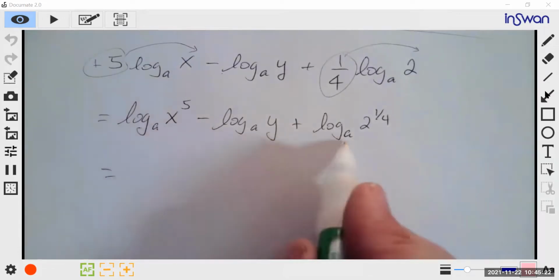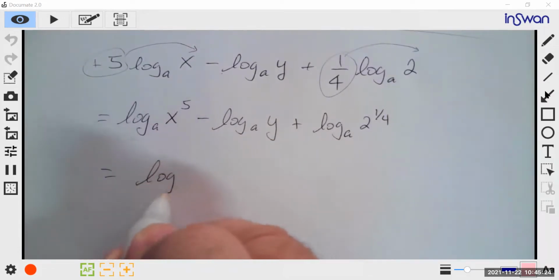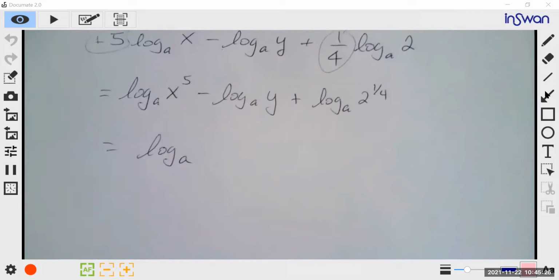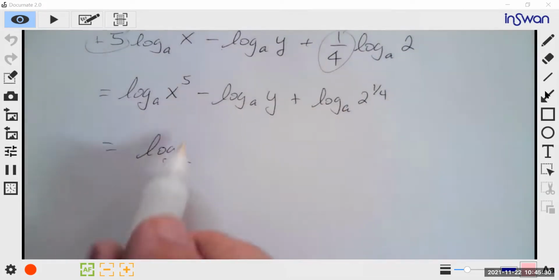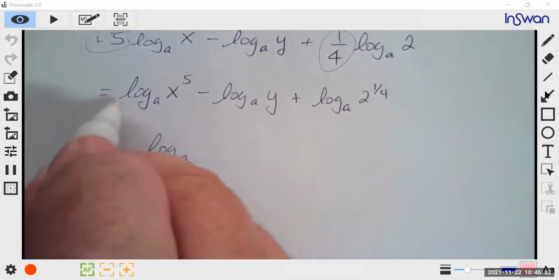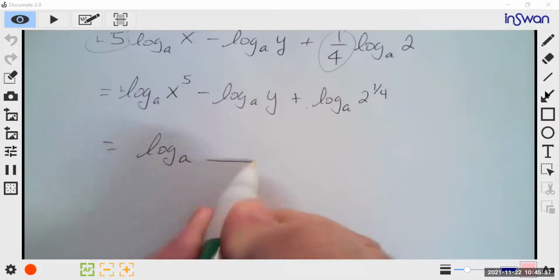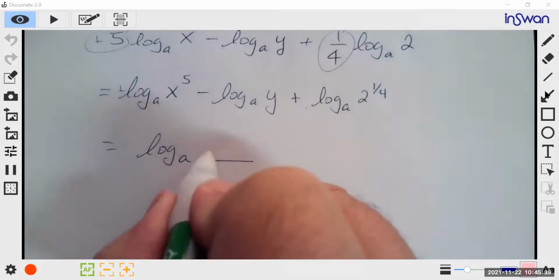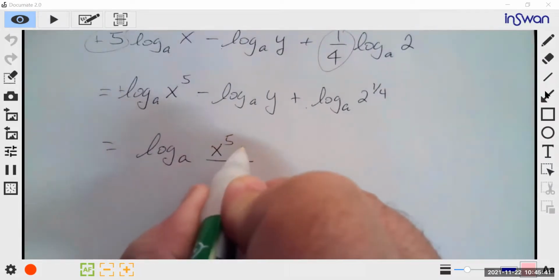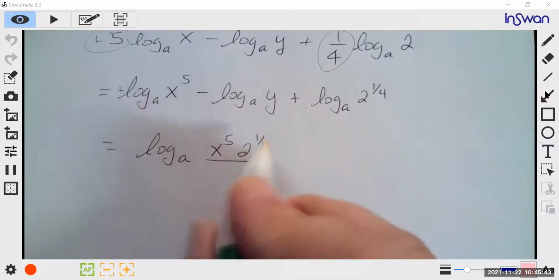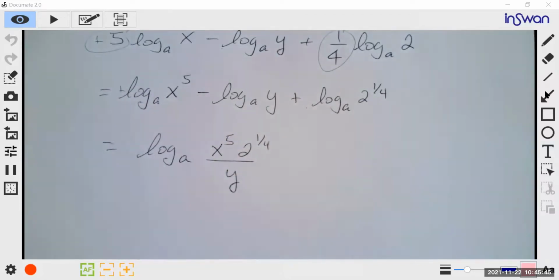Since all of them are log base a's, I can now consolidate them. This one's a plus, this one's a plus, and this one's a minus. So that means I have a fraction. The pluses go on top, and the negatives go on the bottom.